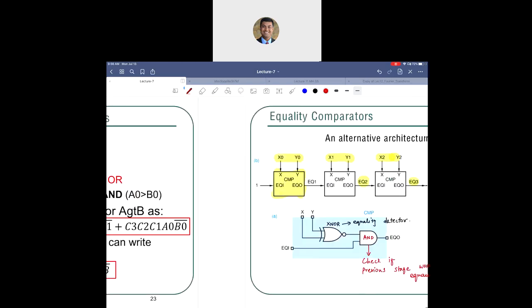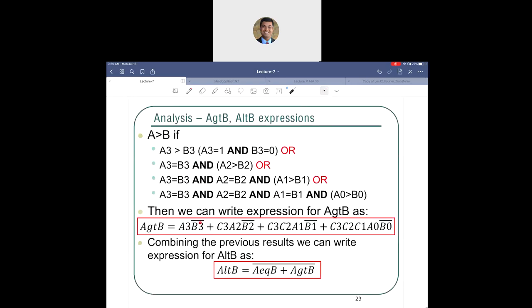We had A3, B3 complement or C3, A2, B2 complement or C3, C2, A1, B1 complement and so on, right? So the number of inputs were increasing, and as they were increasing, there was one input in true form, the other one was in complement form, and also there was an exclusive NOR comparison of the previous inputs.